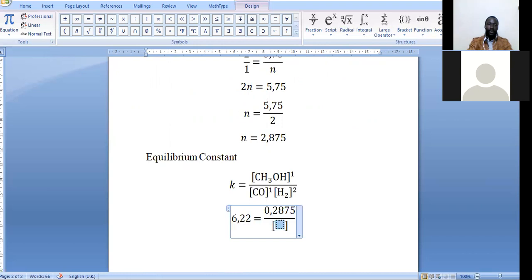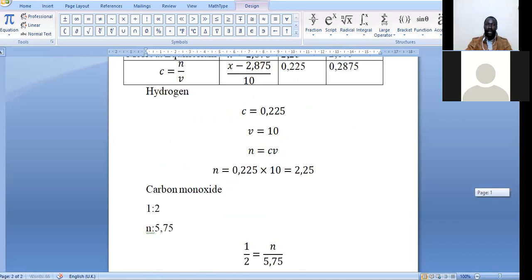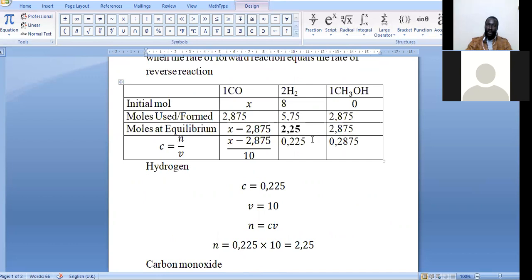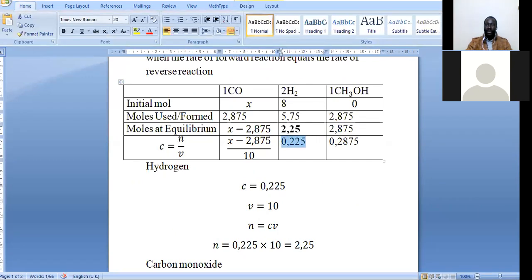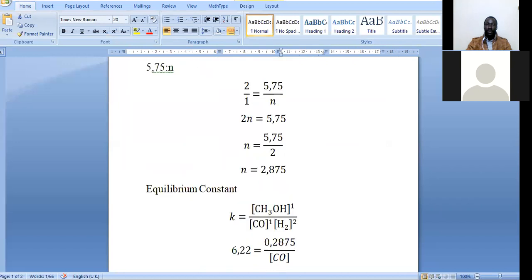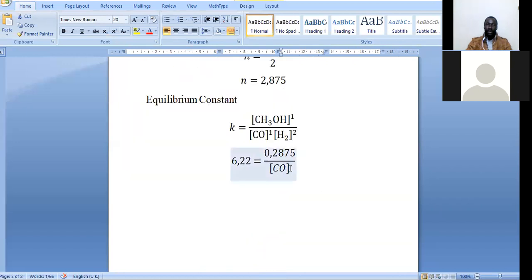This is CO. Then do we have the concentration of hydrogen at equilibrium? Let's see. The concentration of hydrogen at equilibrium, we do. The concentration is right here, 0.225. So we just substitute that one right away.